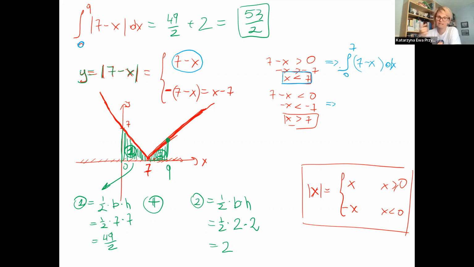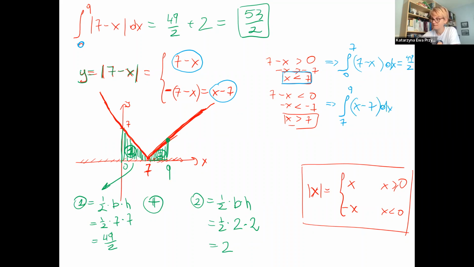I can't say from negative infinity, from 0 to 7. Now, you will evaluate this and you will get 49 over 2, because we got it through the triangle. This integral is for all of the x's greater than 7, from 7 to 9, because we had the limitation 9, we will integrate that formula.